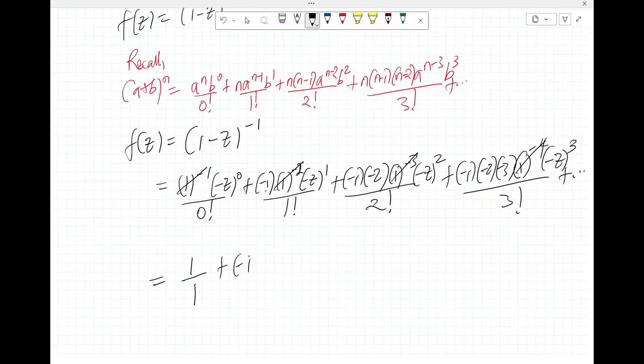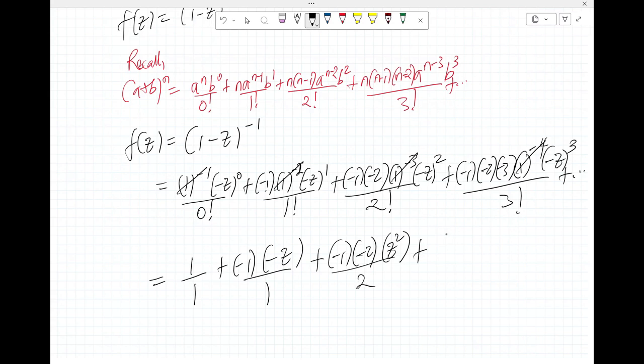Okay, I can still tidy up a bit. Minus 1 times minus z all over 1 factorial, plus minus 1 times minus 2 into z squared, because if you square this, you get z squared, or 2 factorial is 2, plus minus 1 minus 2 minus 3, minus z raised to power 3.